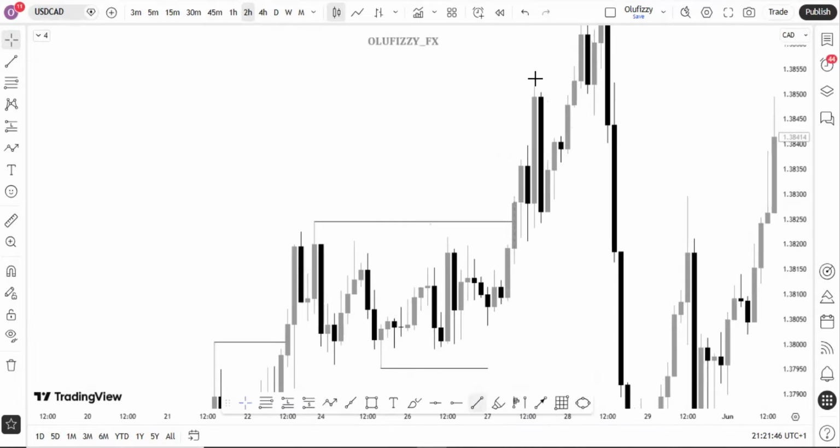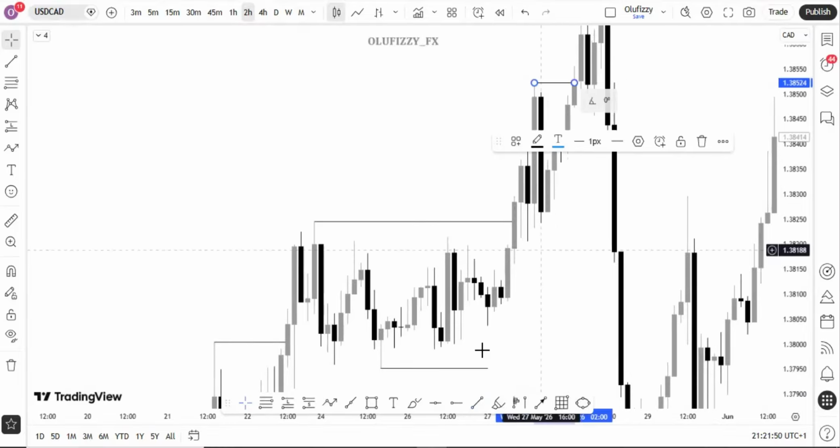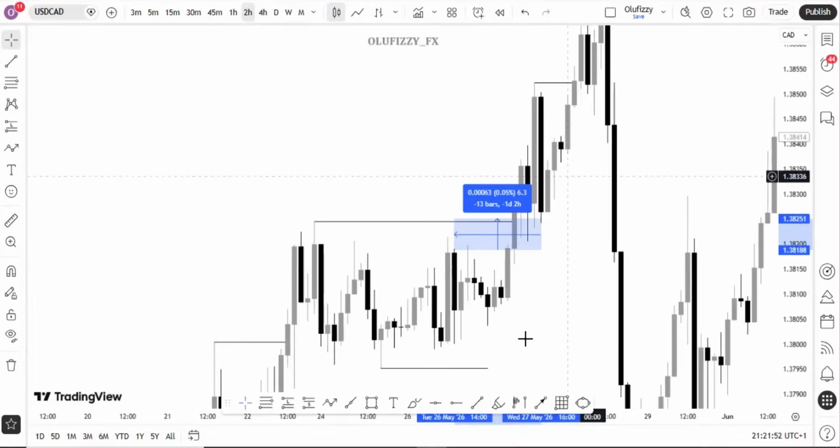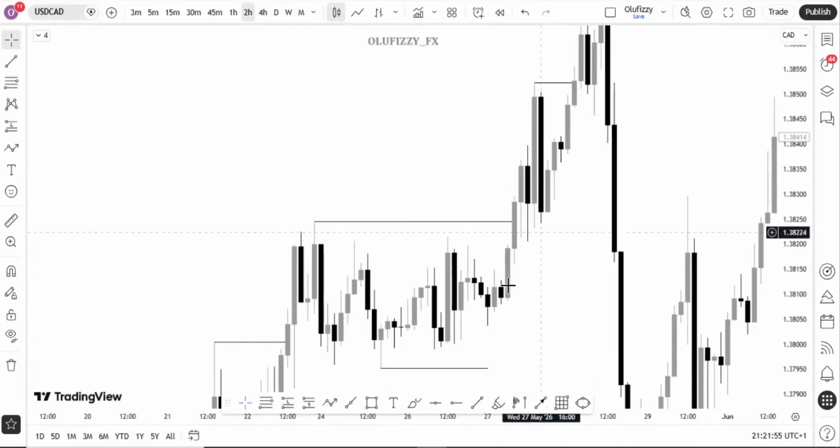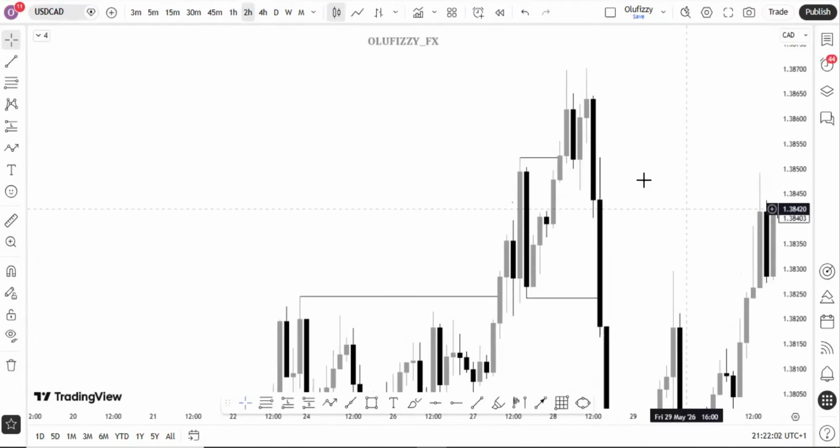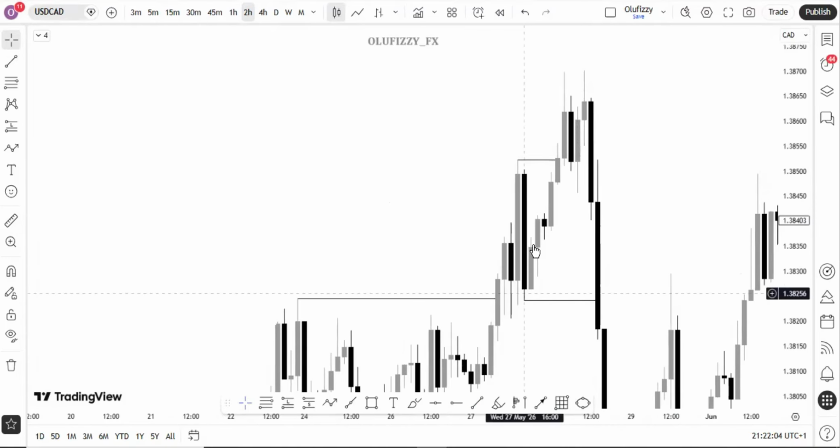So after then, price creates this high, and we have this. Okay, after this, so this is the low that price created. So from there, after this low here, we have a break of structure, price creates this high.